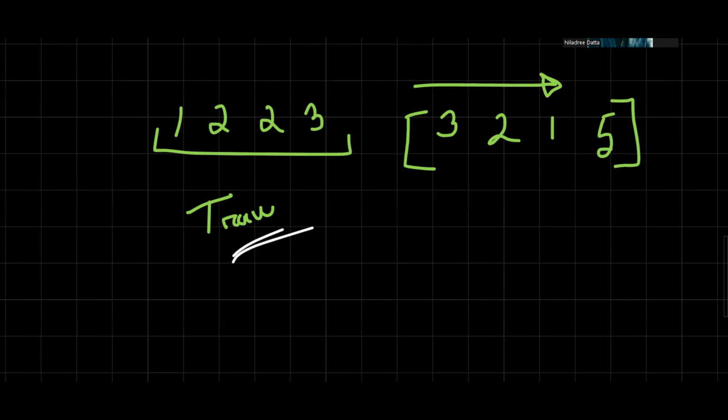Now, to check whether the current array is monotonically decreasing, if in any of the iterations our current value is greater than the previous value, that means it is not possible for the array to become monotonically decreasing. So in this case, we have to return false. I hope you understood the algorithm. Now let's move on to the code.